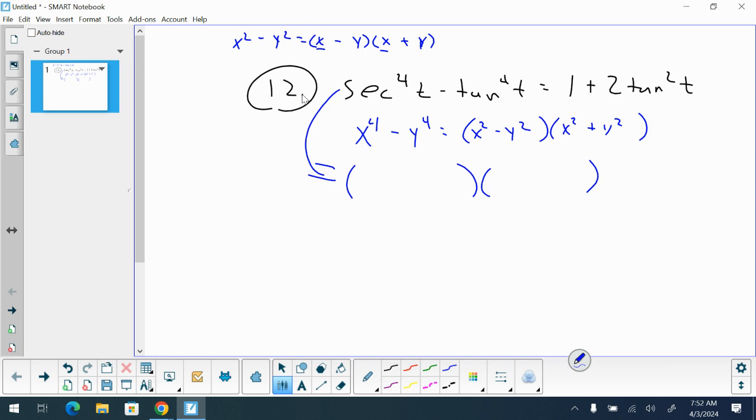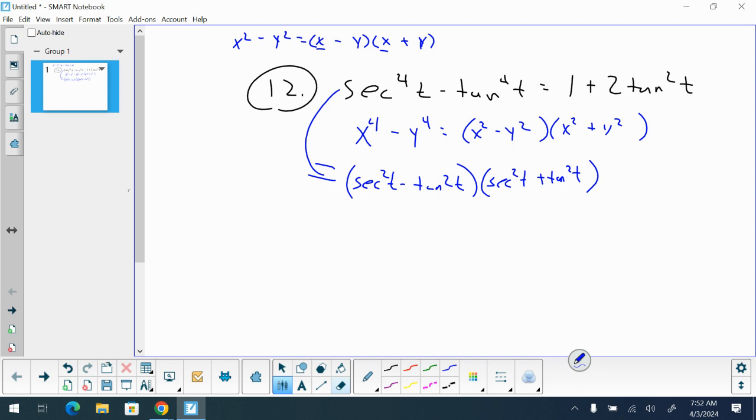It's a difference of perfect squares, your algebraic factoring. So we have secant squared t minus tangent squared t, times secant squared t plus tangent squared t.